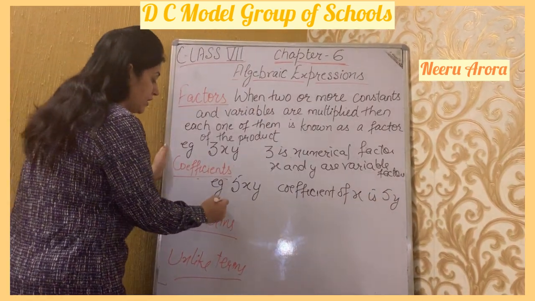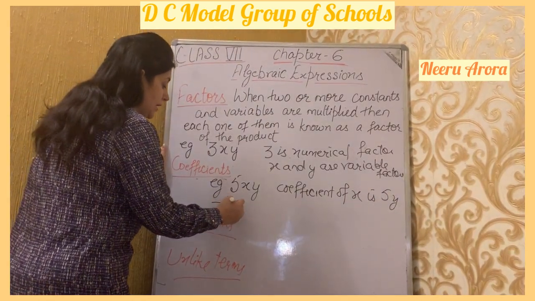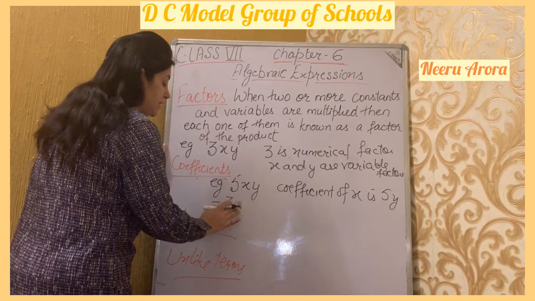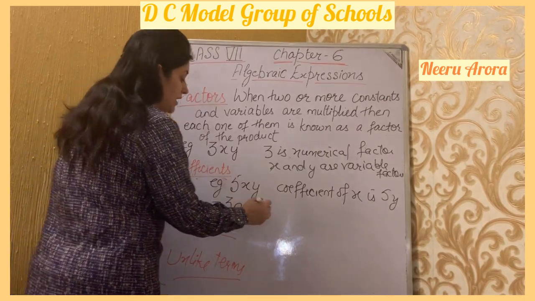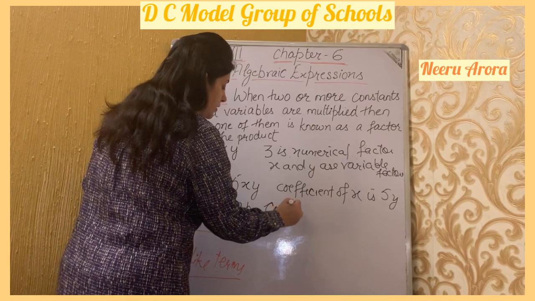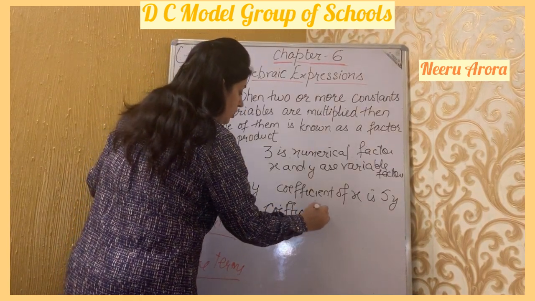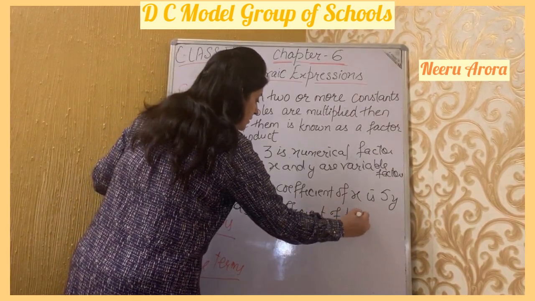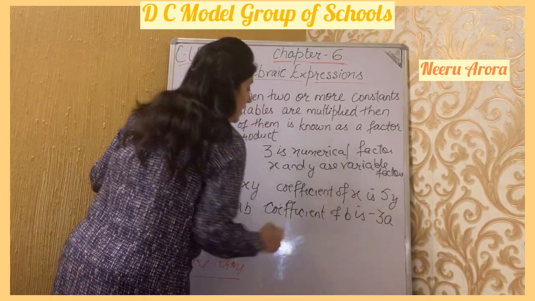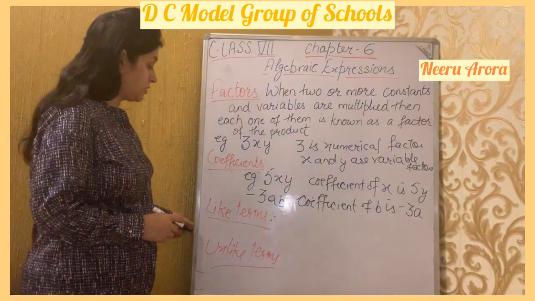Or if we take one more example, minus 3ab. So we can say coefficient of b is minus 3a.